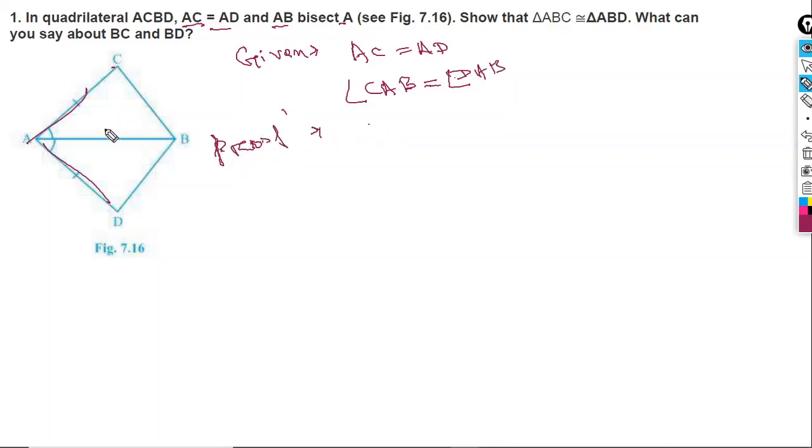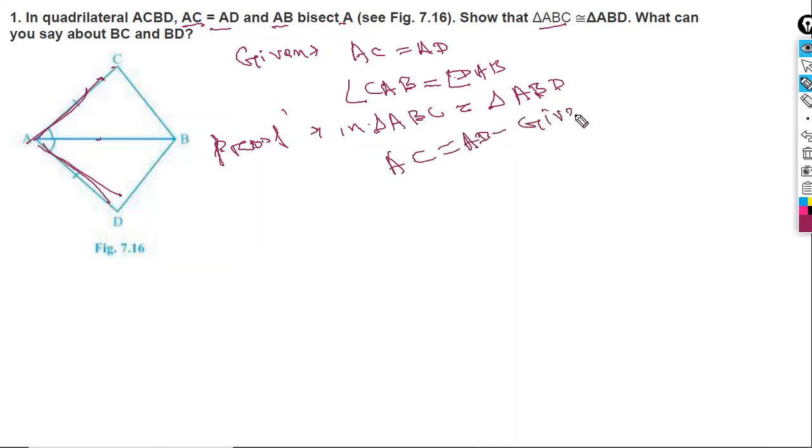See, in between these two triangles, it is written here ABC. In triangle ABC and triangle ABD, here you can see AC equal to AD. Why? Given.